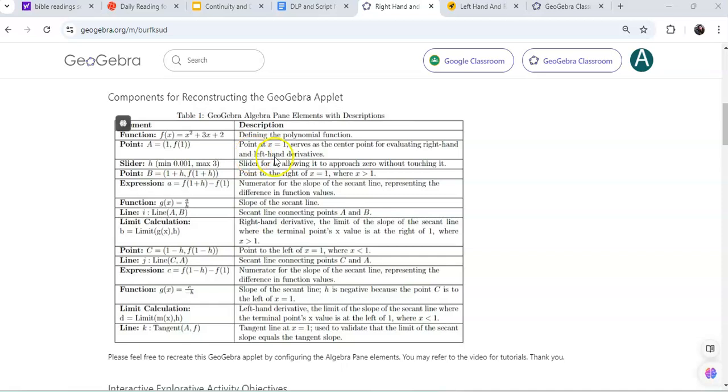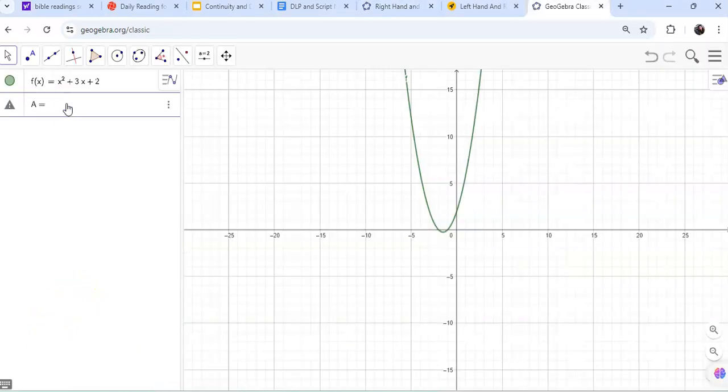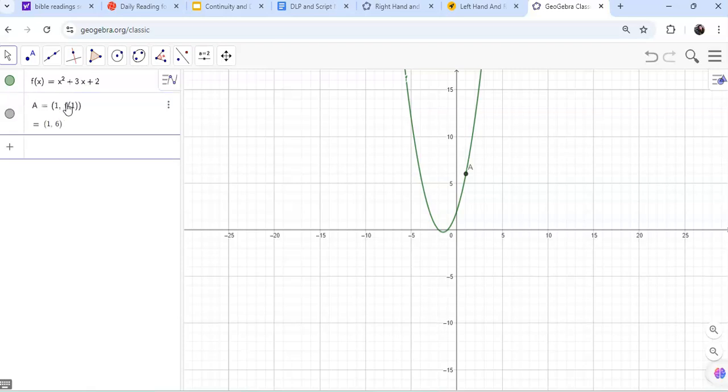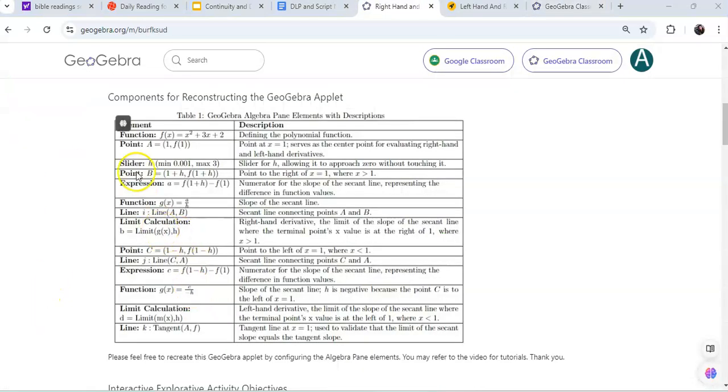This is the point at x equal to 1, which shall serve as a center point for evaluating the right-hand derivative and the left-hand derivative. Next, we're going to add a slider h with a minimum value of 0.001 and maximum value of 3.